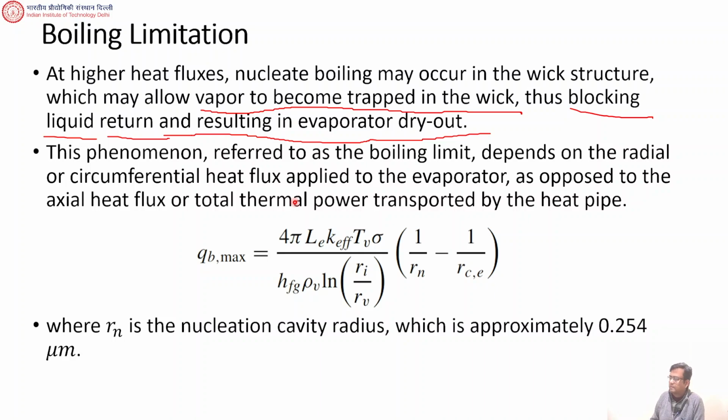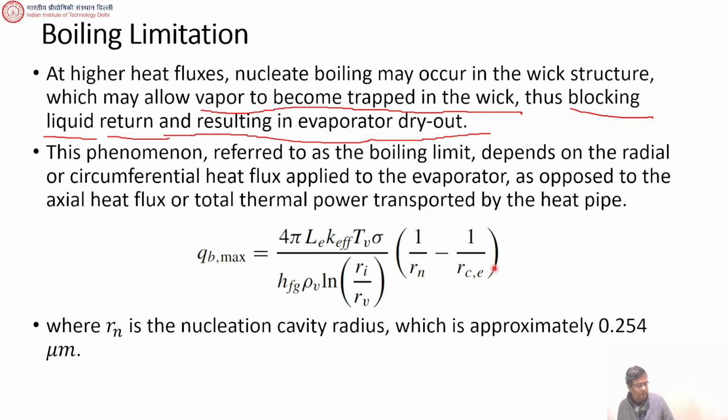So vapor becomes trapped in the wick, which is a porous structure, and that will prevent the liquid from flowing back. Now the liquid has to flow back to the evaporator.